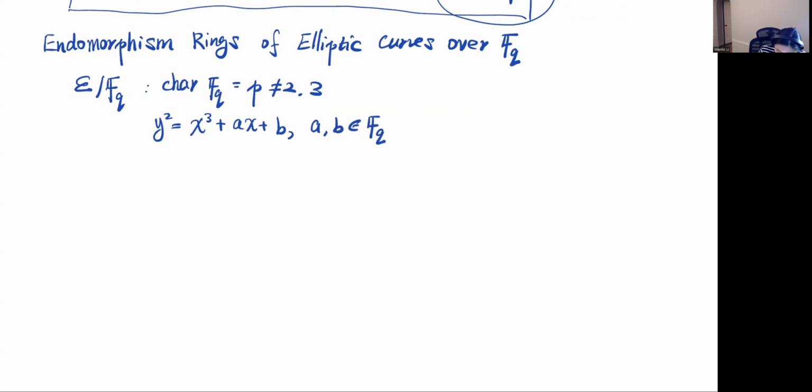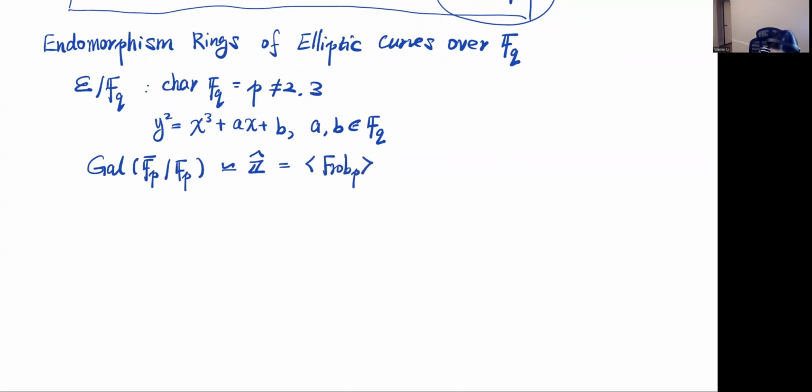Okay. So recall that the absolute Galois group of FP bar over FP is isomorphic as a group to Z hat. So it is topologically generated by a single element, which is often referred to as Frobenius.